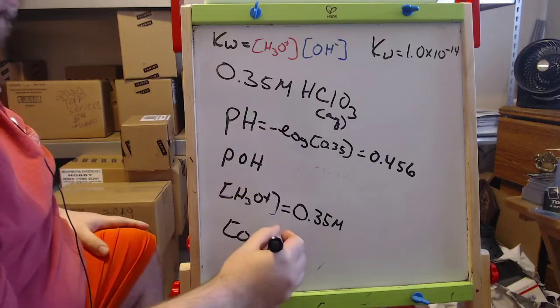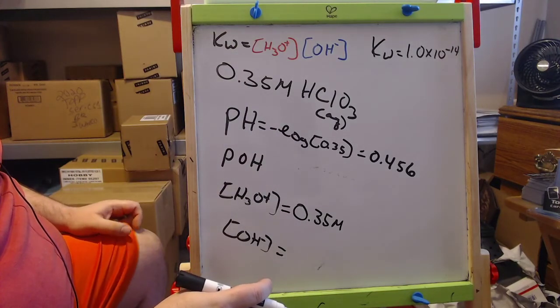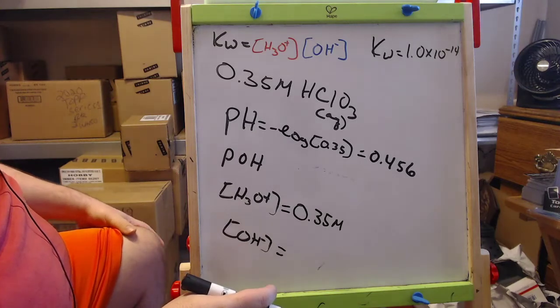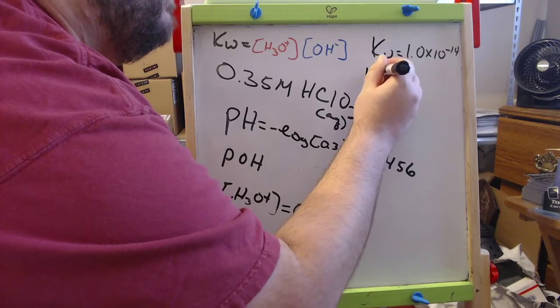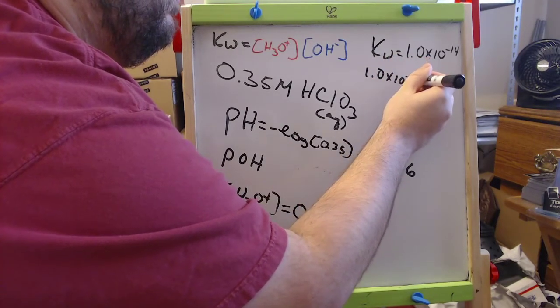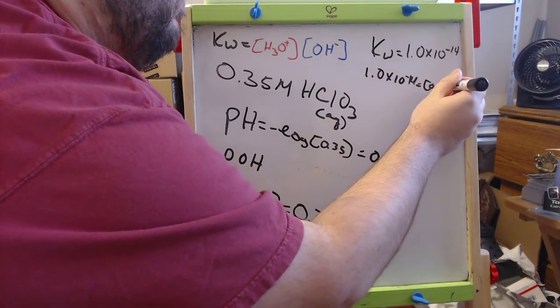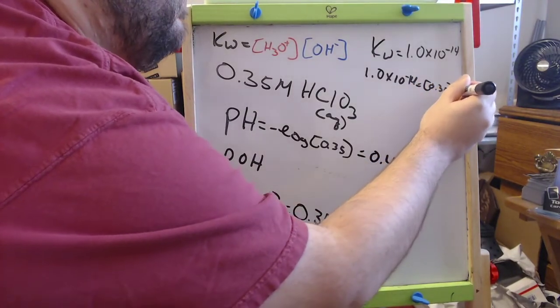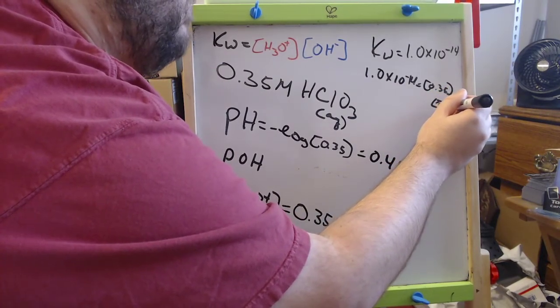I can figure out my OH minus by using the Kw. All right? So I plug in, I have 1.0 times 10 to the negative 14th equals 0.35 times whatever my OH minus is going to be.